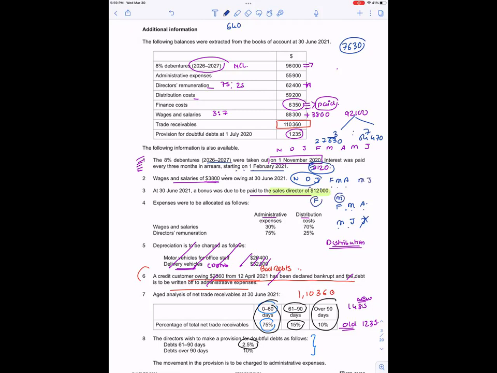May, June, and July, I would have paid in August. Okay, so I have paid only for 6 months. So out of 6350, I have already paid for 6 months. If 640 is per month, for 6 months it is 3840. So from 6350, if I remove 3840, 2510 is finance cost for some other expenses.